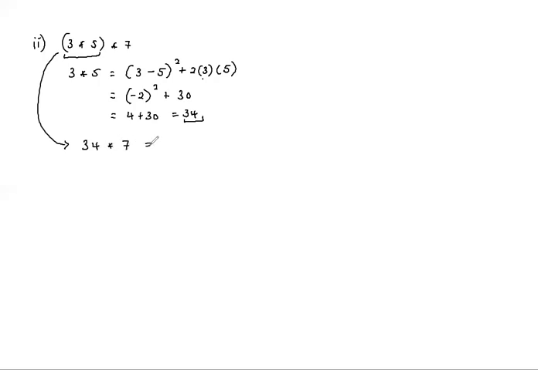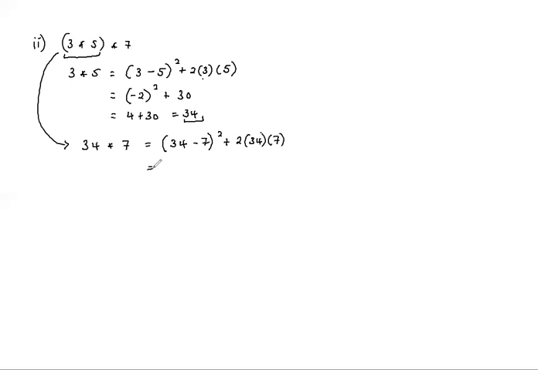So what do we get? 34 minus 7 squared plus 2 times 34 times 7.